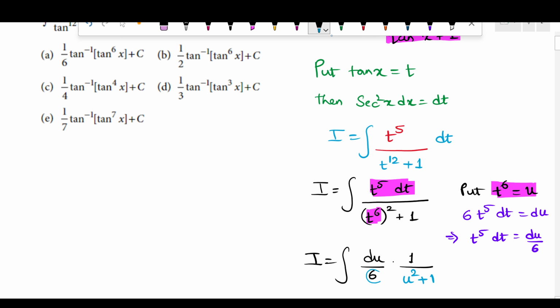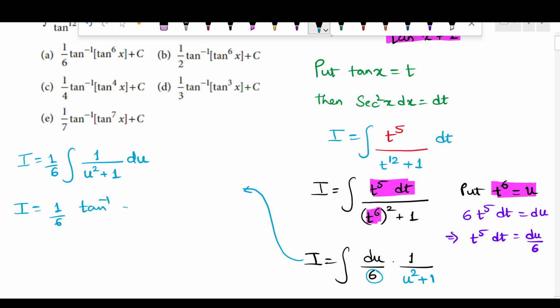Now this 6 is a constant, so it goes outside of the integration. See this solution over here. Now your I is 1 by 6 integration 1 over u square plus 1 du, and this is tan inverse u by 1 plus c. Why?